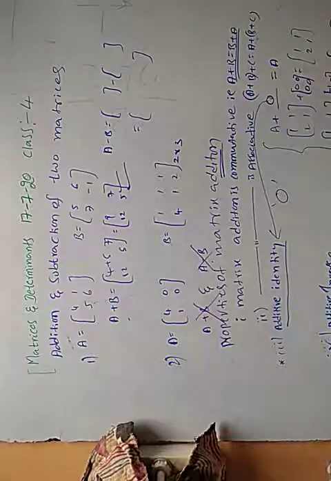Null matrix, sorry, it is not 0, it is a null matrix. The additive inverse of minus A is the additive inverse of A. Minus A is the additive inverse of A because a matrix and its inverse added together give the additive identity, that is the null matrix.